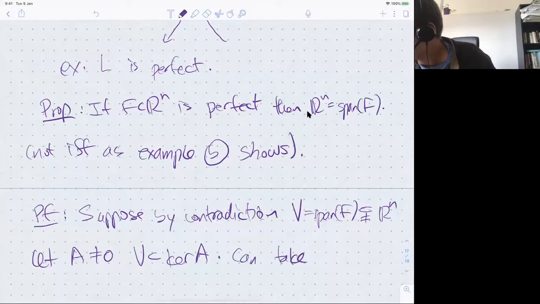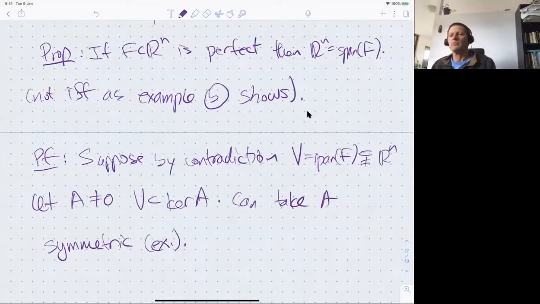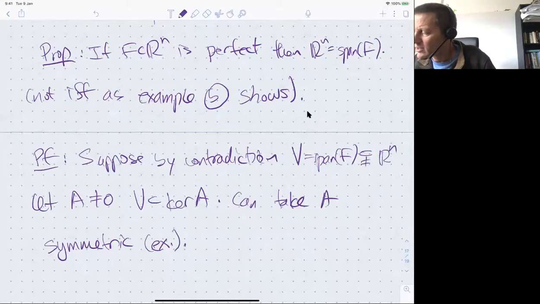I'll let you think about why that's true. If you think about what A might be doing, it sends V to 0, being in the kernel of A, and on the orthogonal complement of V you can define it in such a way as to make it symmetric. So that's an exercise for you.